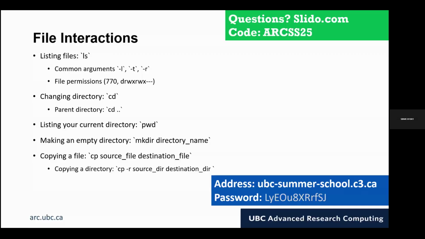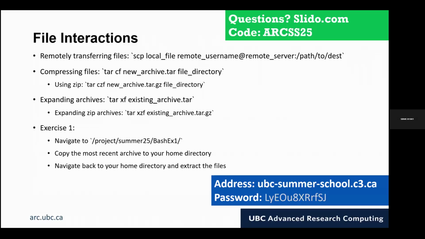So that's kind of the basics of how I move around, use files, and look at files within a system. So what if I actually want to put my own files on the system? I have files, say, on my local file system, and I want to copy them to this remote server that I'm working on.